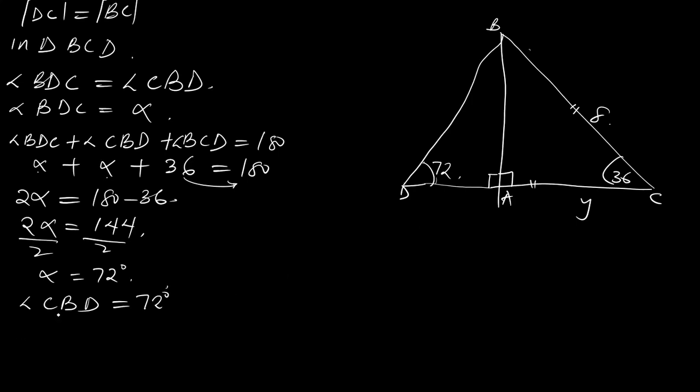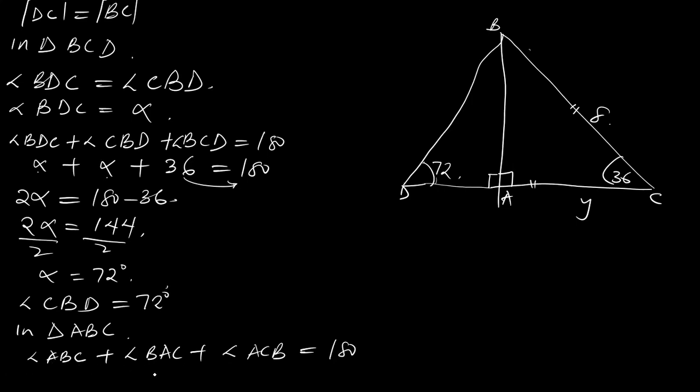And since there is 90, in triangle ABC, angle ABC plus angle BAC plus angle ACB is equal to 180. That is, the sum of angles in a triangle is equal to 180.